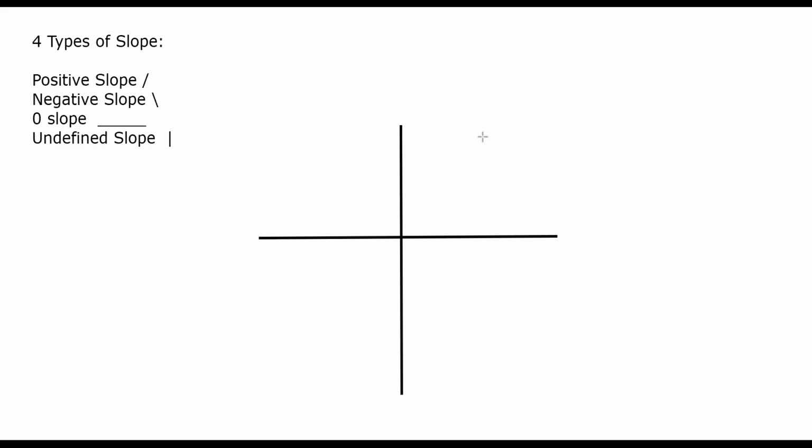For a vertical line like this, let's say it crosses the x-axis now at the point (3, 0). That's what this point is. But no matter what, because it's a vertical line, the x value anywhere you go up and down is always going to be the same.